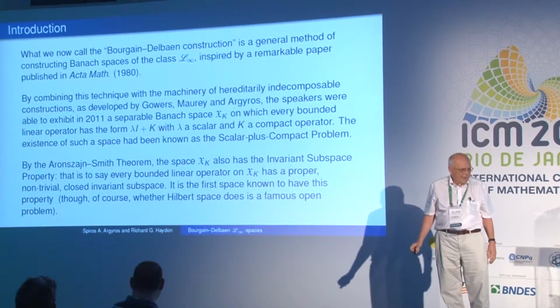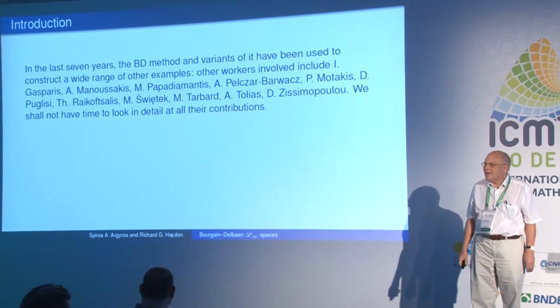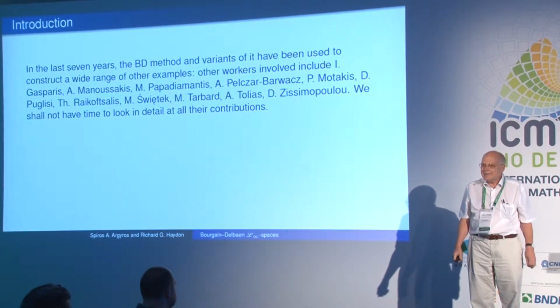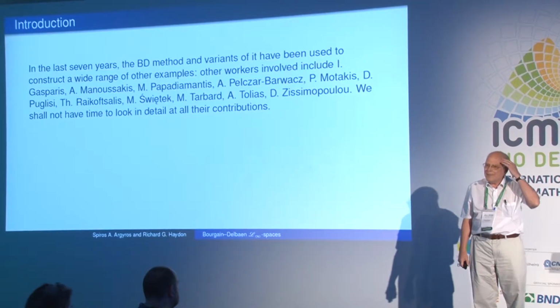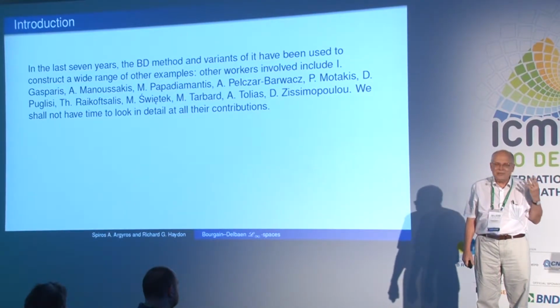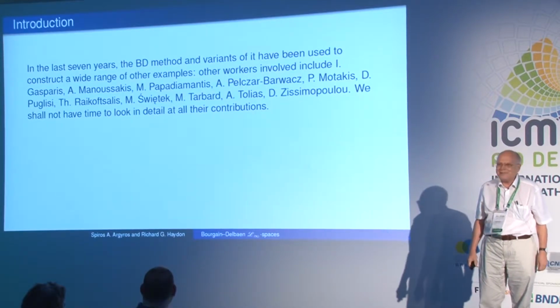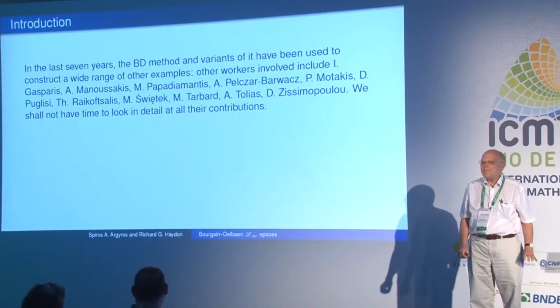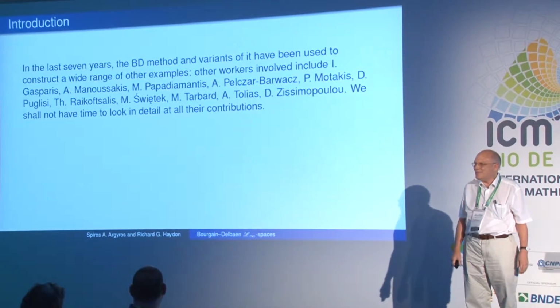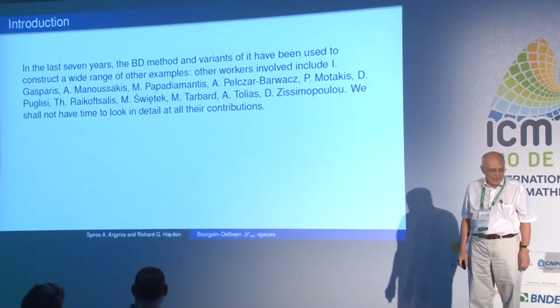Perhaps it's worth saying, since our 2011 article, a lot of other things have happened using this Bourgain-Delbaen construction. I've put a list of some of the authors involved up there. Unfortunately, I'm not going to have time to do justice to all the new stuff that has happened.